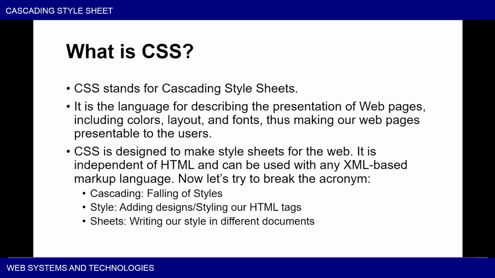And sheets is writing our style in a different document. So to sum it up, CSS is a document that is separated from HTML, wherein it is responsible for the design or appearance of HTML tags, or for specific HTML tags or elements that we have.